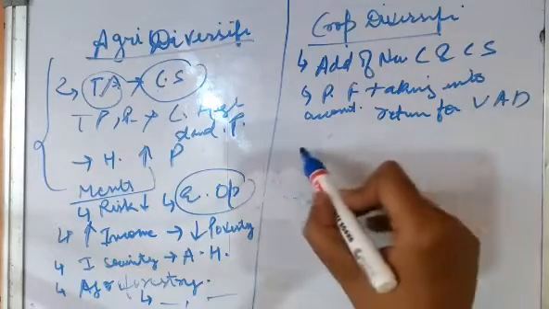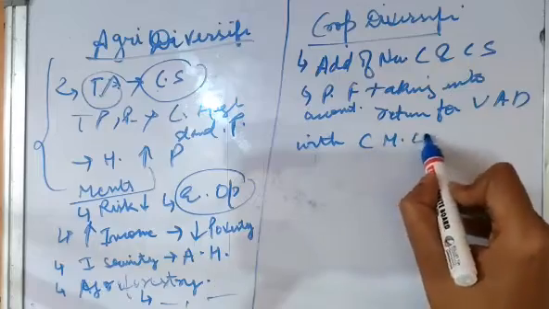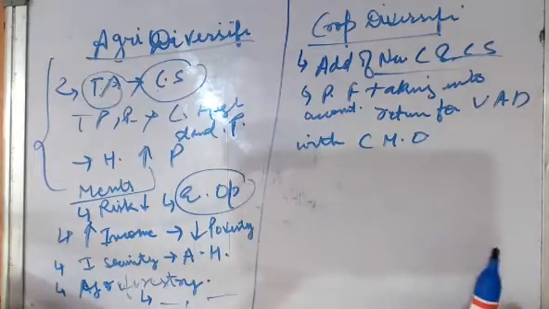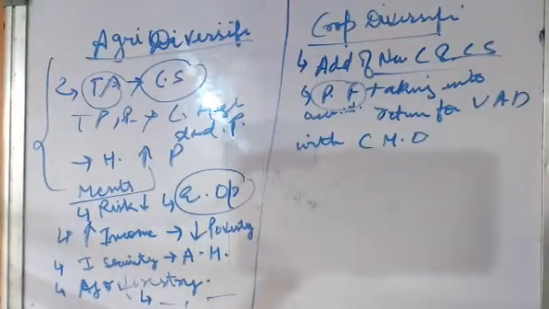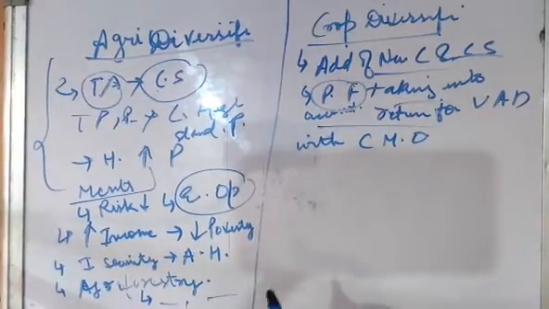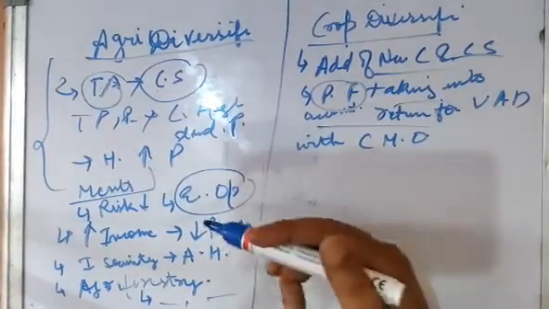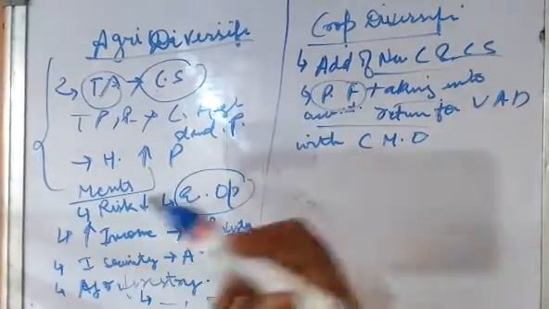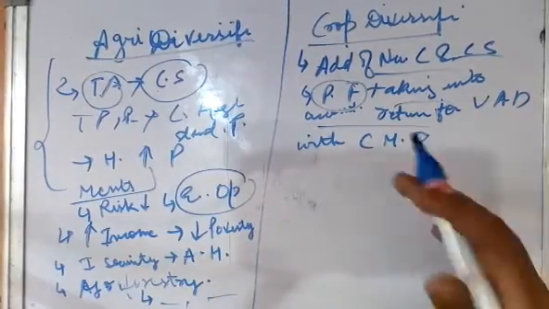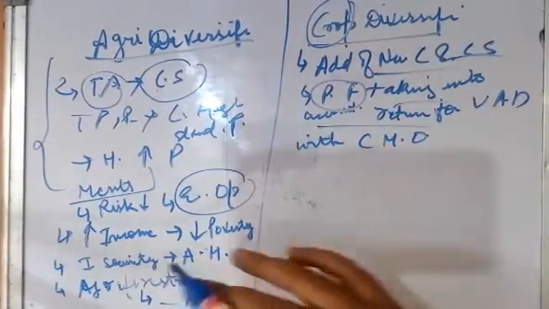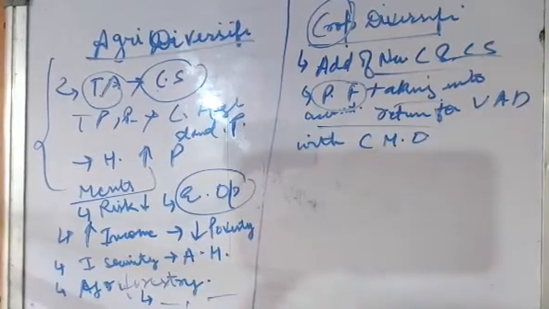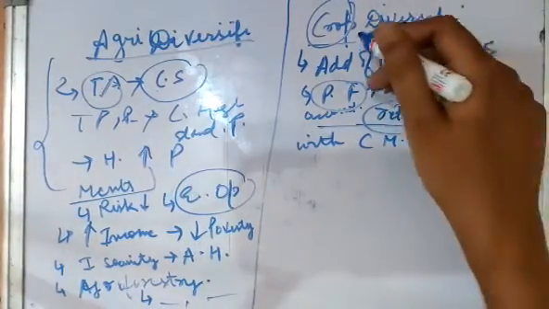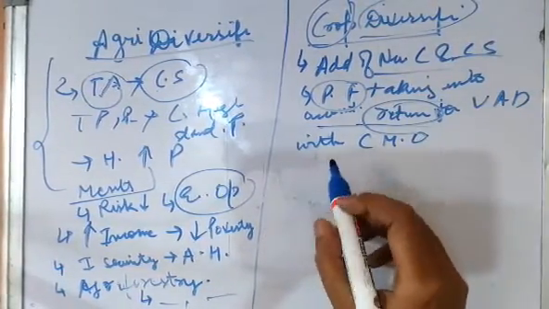Here we add new crops, new cropping systems in previously traditional farms, to increase the return. Suppose we are growing a common cropping system, that is rice wheat. So use new crops. We add vegetables, horticulture, so that it will enhance our returns and also diversify our crops. That is what crop diversification is.